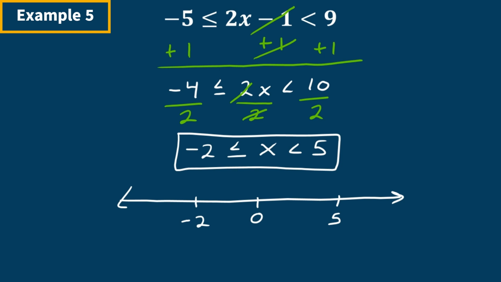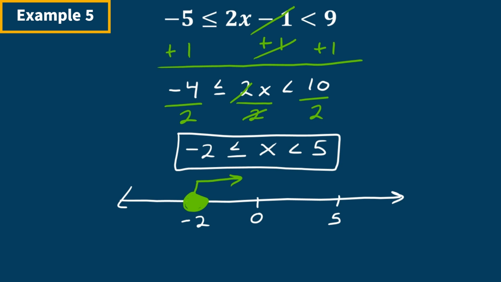Let's look at one side and then look at the other side. This is saying that negative 2 is less than or equal to x, or that x is greater than or equal to negative 2. So that means x can be negative 2 because there's the equal sign there, so we're going to shade that. And our answers, x is going to be greater than negative 2. Now if we look at the right-hand side, it says that x is less than 5.